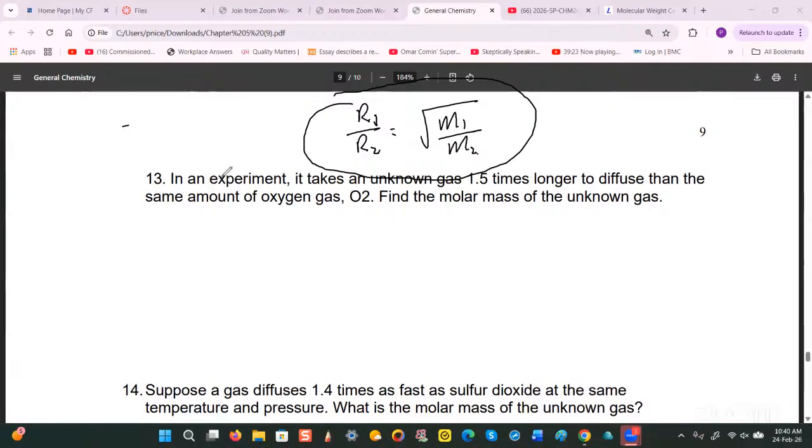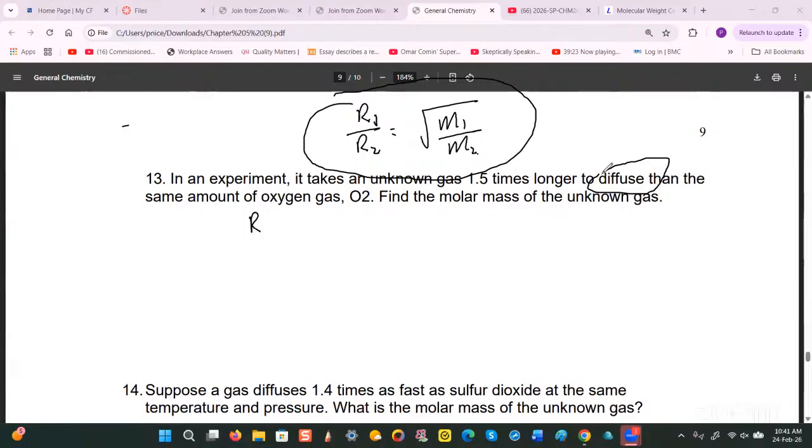So what this question is saying is that the rate of diffusion, and by the way, I think I covered this in the videos. A lot of textbooks confuse diffusion with effusion. Those are two different things, all right? And I won't go into the distinction between those two because I've already described that in the videos.